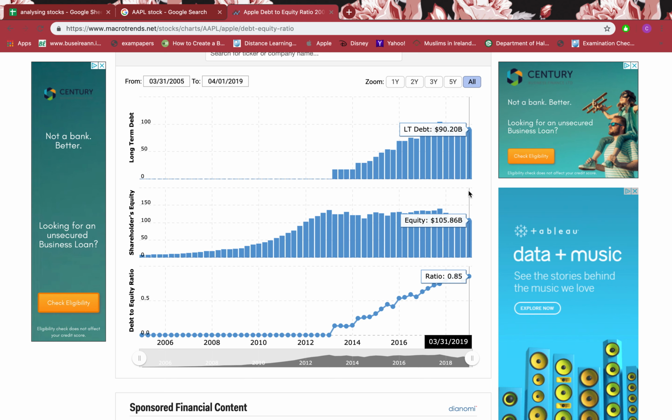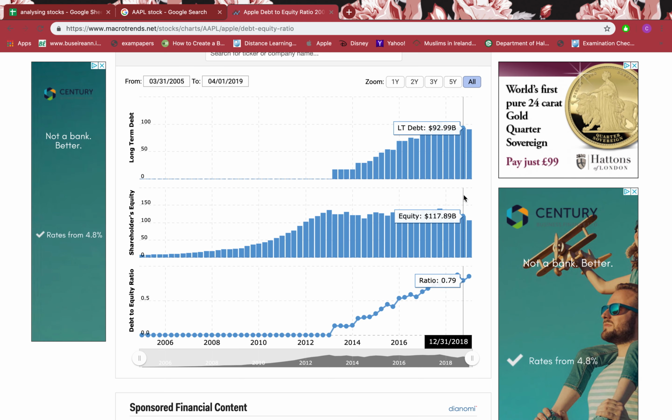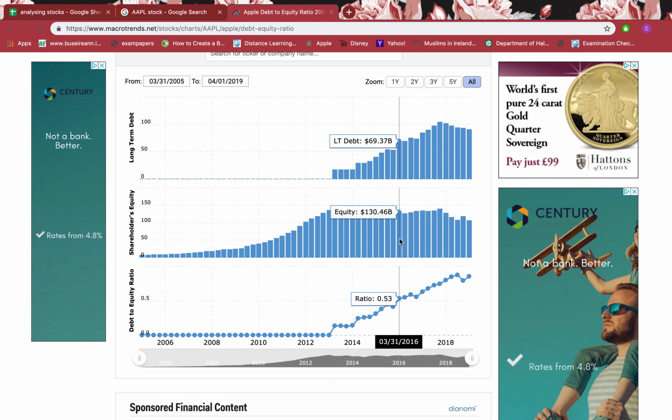So it means that it's operating a lot on debt, as well as equity, but a lot on debt as well. So the lower the ratio, the better. The more the firm is operating on equity, the better. And if I have a look here, until 2015, it's below 0.5.